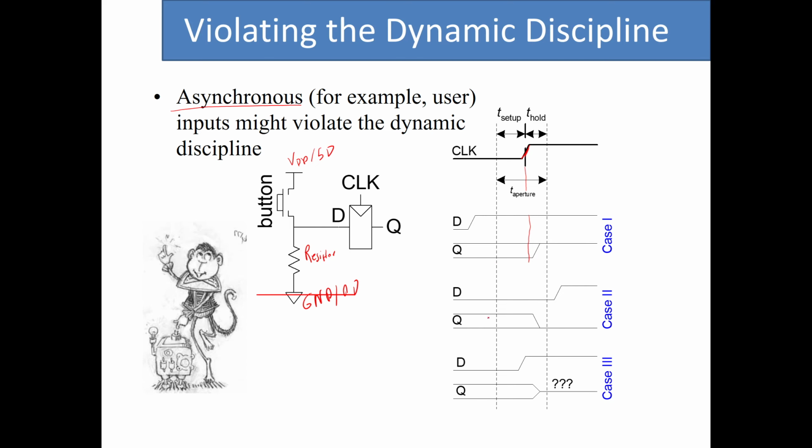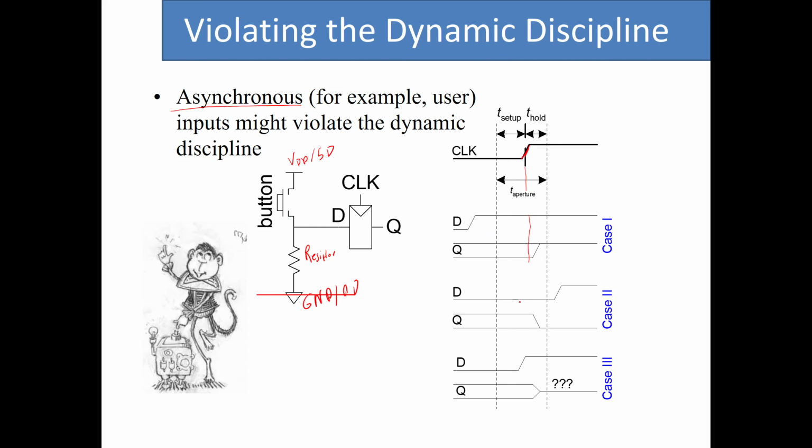The second case is that the button was open, so D was 0, and then it became 1 after the hold time. That means this change of the button was not recorded.